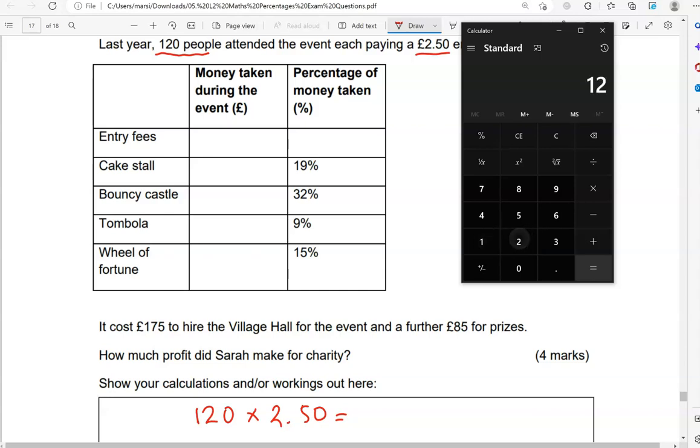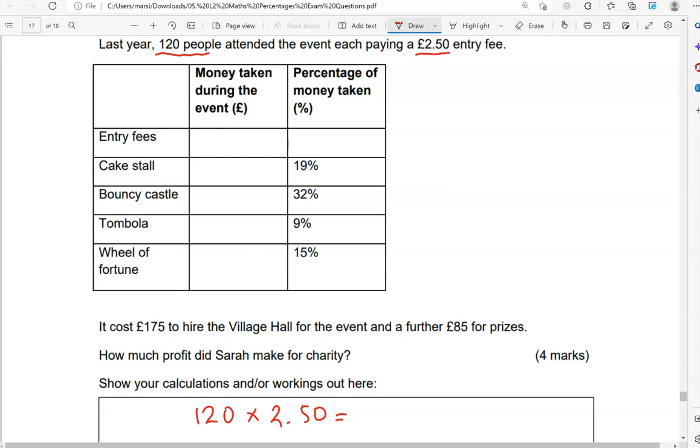So 120 times 2.5 gives us 300. So that is £300 going here. How many percent is that equal to? Well, the total should be 100%. So if we take away all these four, should give us that difference.